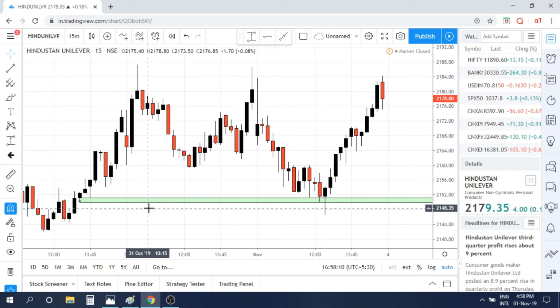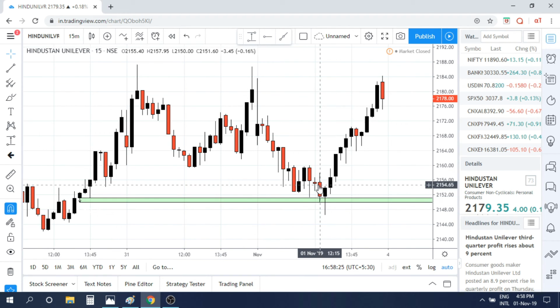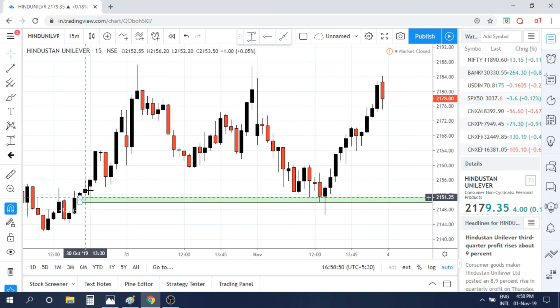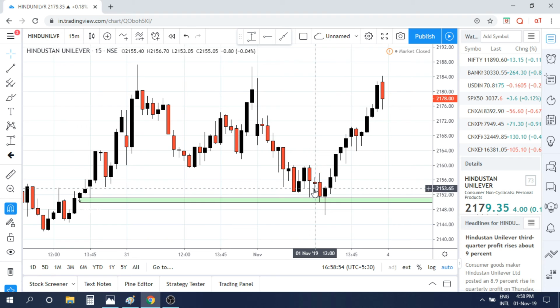One point I would like to show you over here is that in this particular case the third style of marking made this zone so tiny that if you are doing risk-based targeting, and price just went deep into the zone, touched the third style entry, and then moved up till here, just above the basing area, this in itself is more than 2 to 1 risk reward, because your risk is reduced so much.